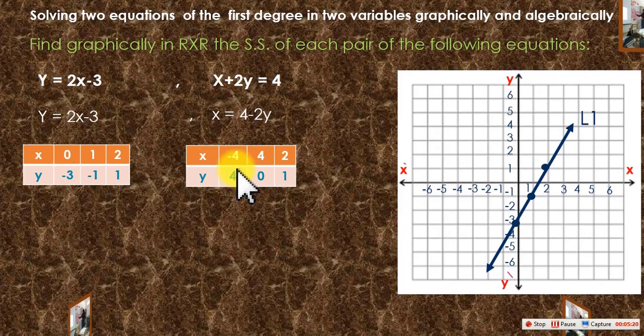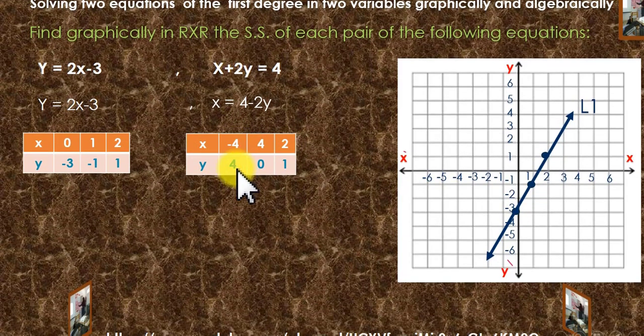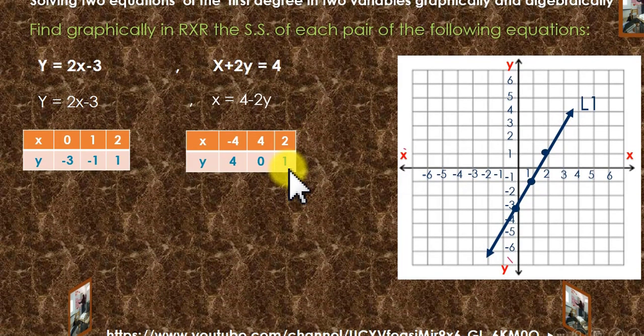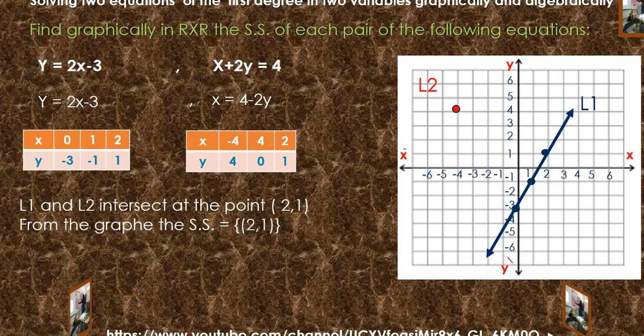Now, as x equals negative 4, y equals 4. As x equals 4, y equals 0. As x equals 2, y equals 1. And we can represent these ordered pairs on a perpendicular square net as shown: negative 4 and 4, 4 and 0, 2 and 1.